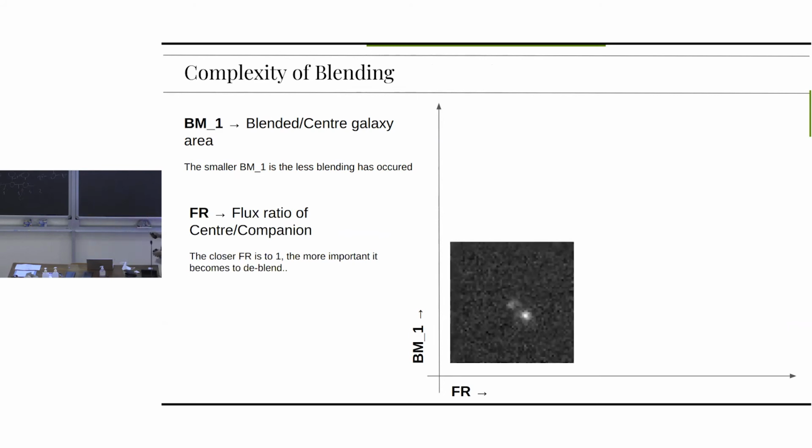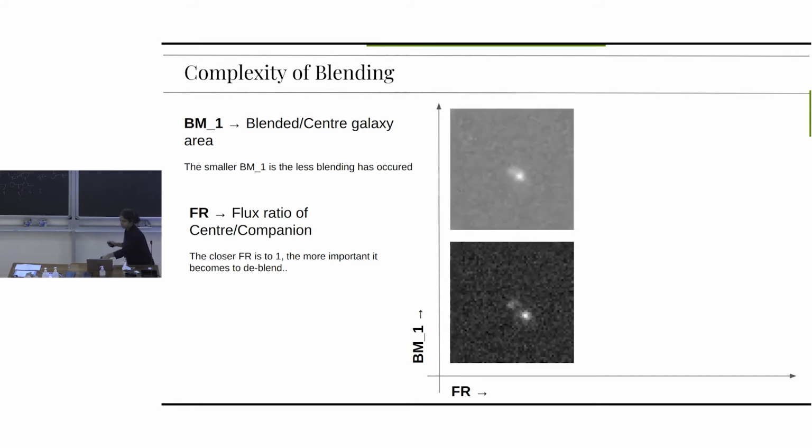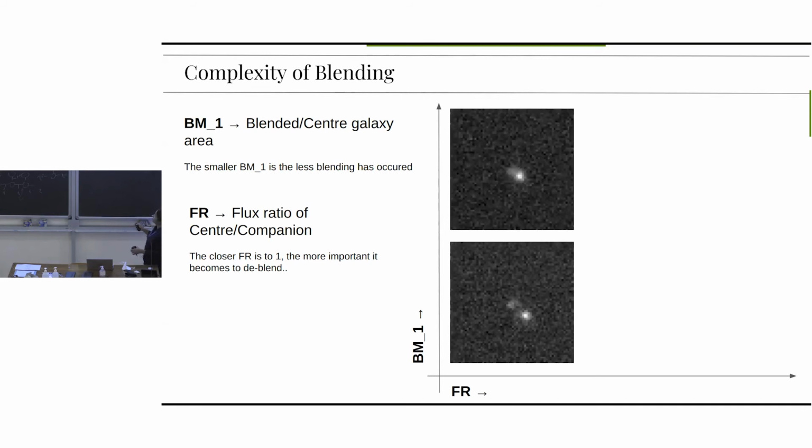So here we have a galaxy that's much fainter, so the flux ratio is smaller, and also they're quite far apart. And then we have the same two galaxies, but much closer. So now the area of overlap is increased. So this is a much more complex case to solve.